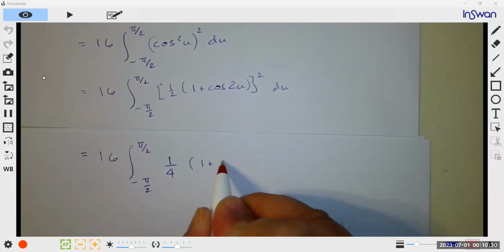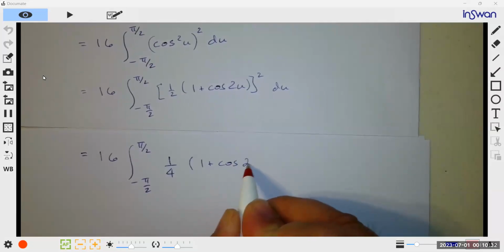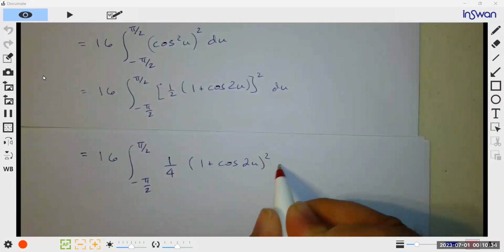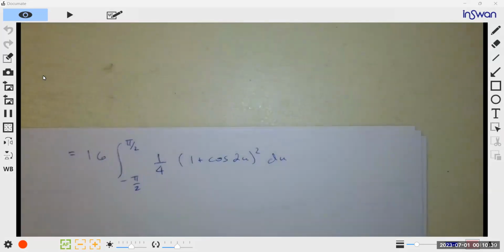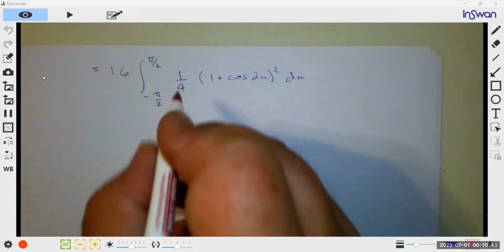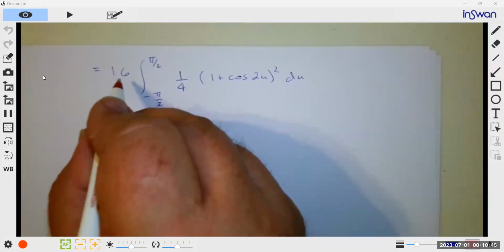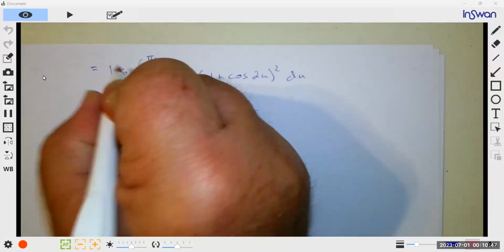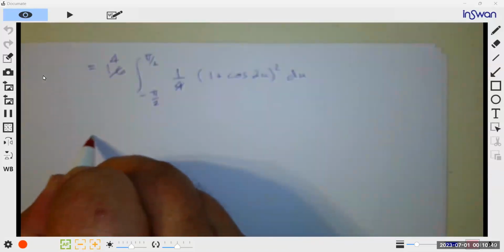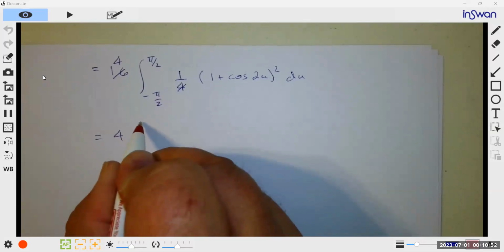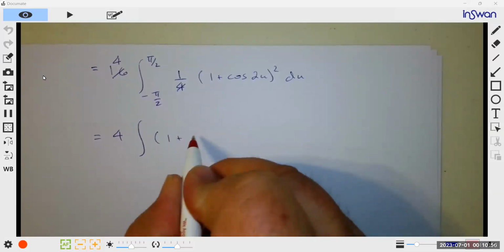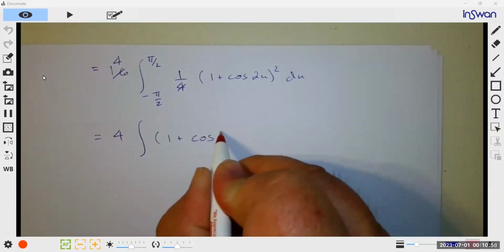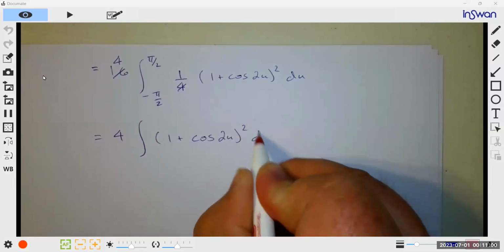And it stays on top of this. So this 4 and this 16 can cancel. 1 plus cosine 2u squared.